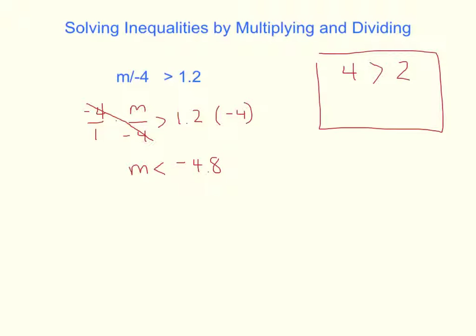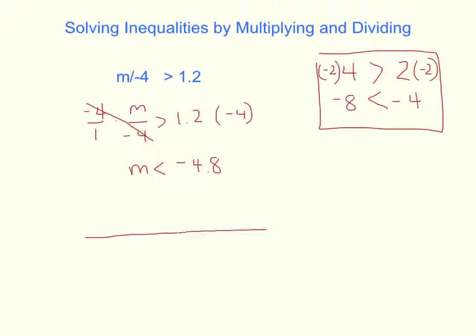If we multiply both sides by negative 2, then now I have negative 8 and negative 4. Well, negative 8 is no longer greater than negative 4. So to make it true, I have to flip the inequality to say negative 8 is actually less than negative 4. So when multiplying or dividing by a negative, I reverse the inequality symbol.